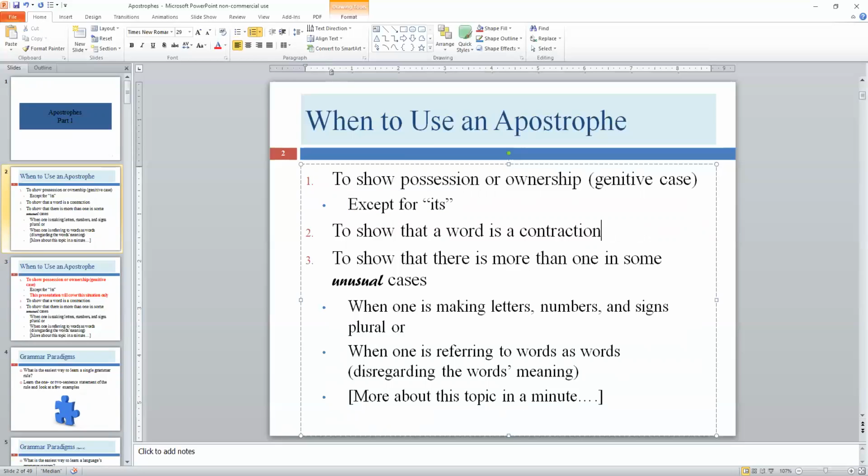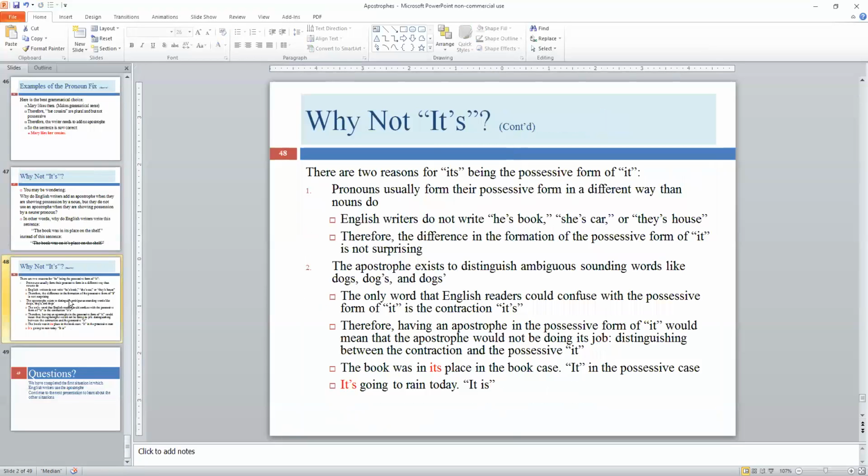And so the reason that we don't put an apostrophe S here is because there's a contraction it's that looks exactly the same. And it's not helping us to distinguish the two meanings. So that's the reason. Again, we don't ever put an apostrophe in a pronoun to make it genitive case. And we use apostrophes to resolve ambiguity.